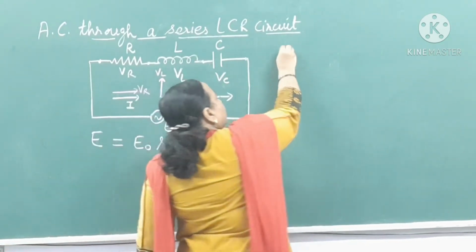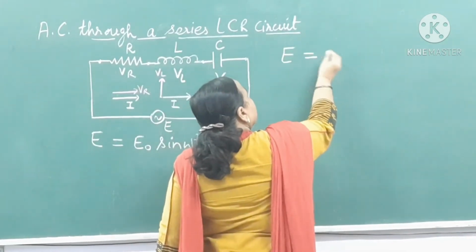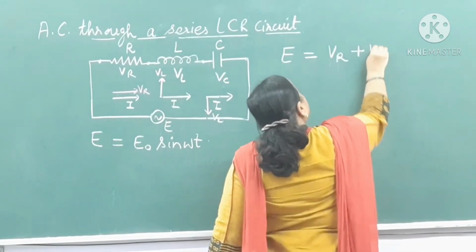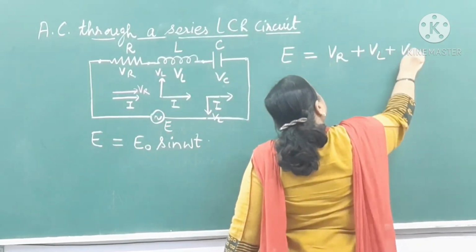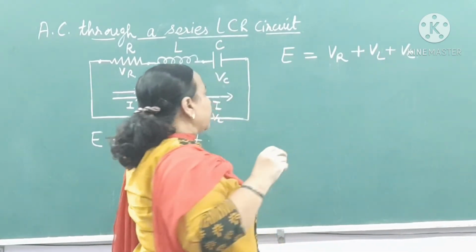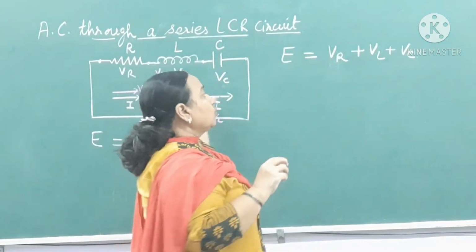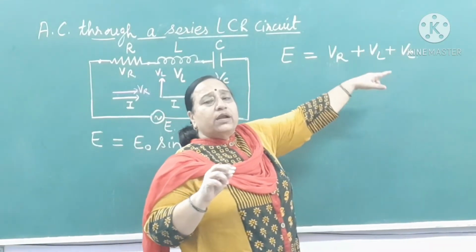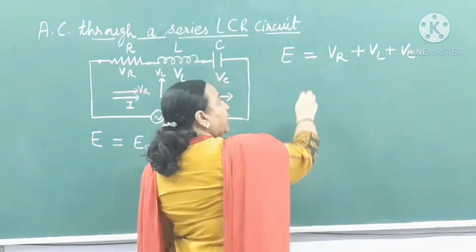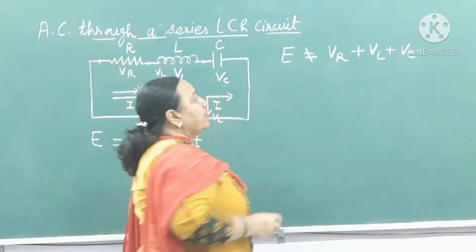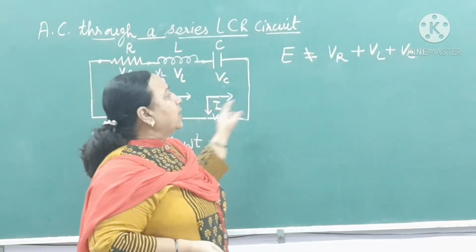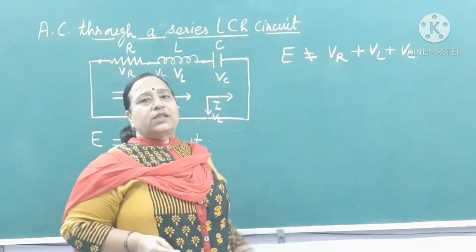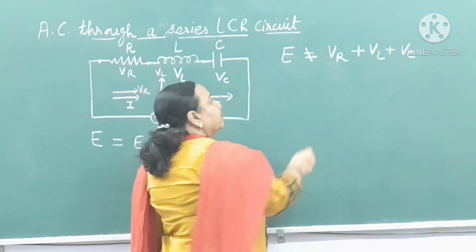Now the total voltage should be equal to the sum of VR plus VL plus VC. Whatever voltage is supplied to this circuit is distributed among all these components. But because they are not in the same phase, this EMF is not equal to the algebraic sum of all these voltages.